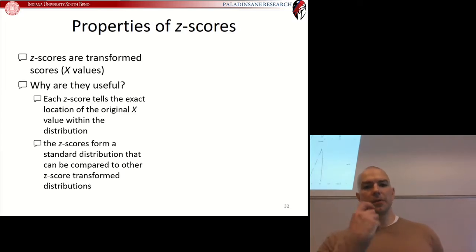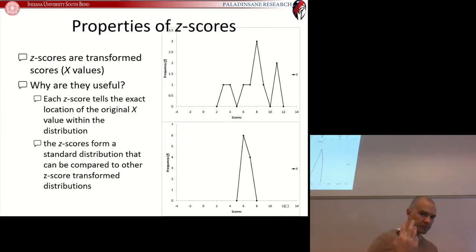I'll give you a hypothetical example with these two distributions. Let's say that you were a high school counselor and a student comes in and they don't know what they should pursue in terms of a career. They don't know where their aptitudes are, and they want some guidance. They want to know, what am I good at? Where are my strengths? What skills do I have that are better than the others?